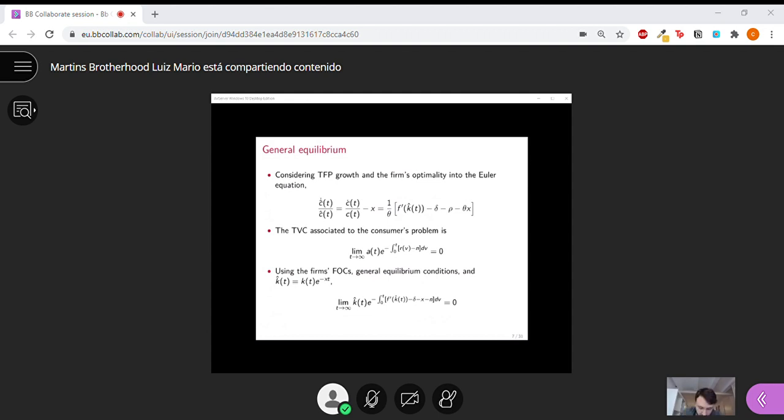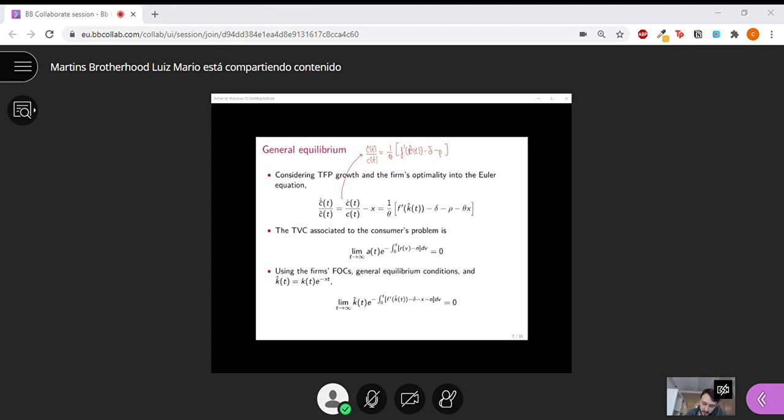Let me go one step here. Remember it is r minus rho, right?